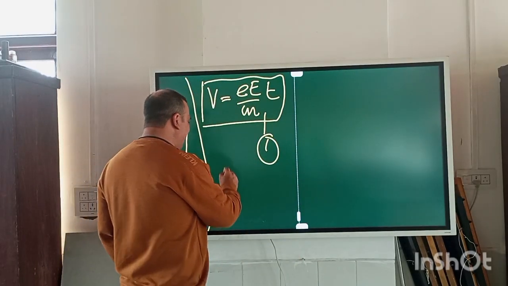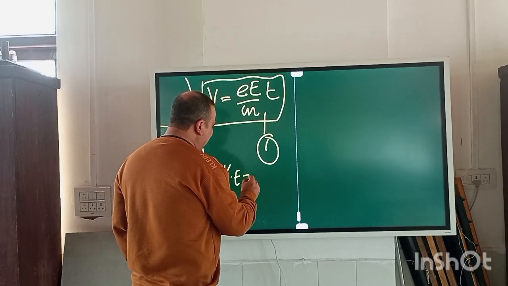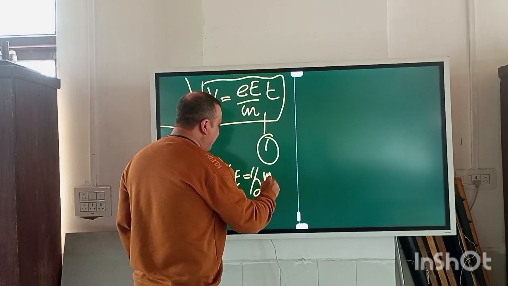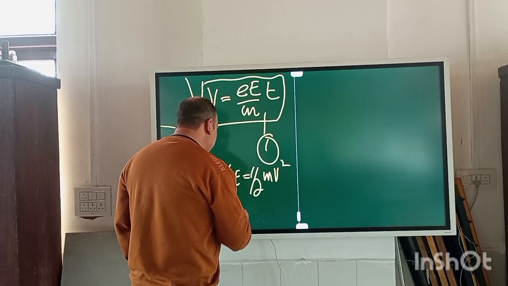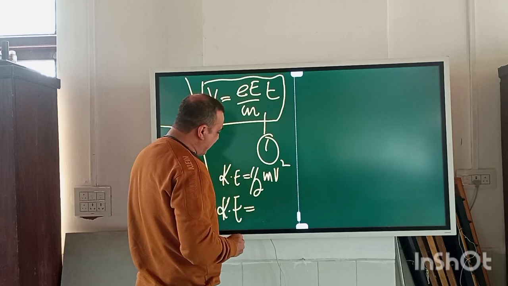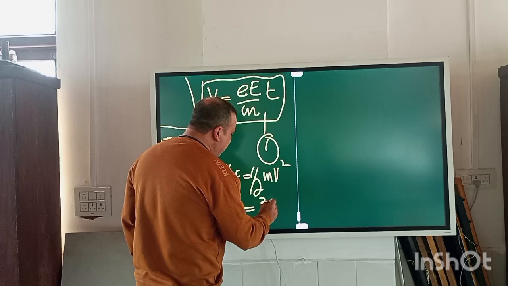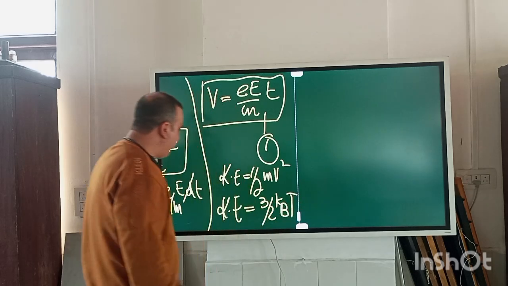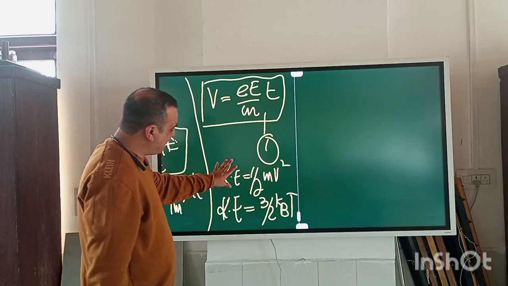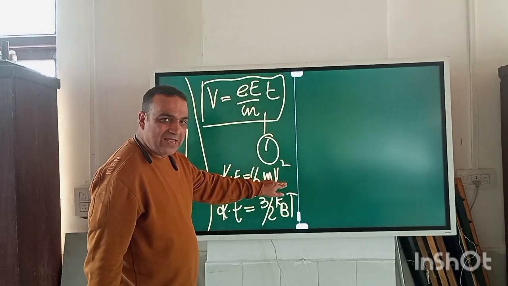This electron has kinetic energy, and I can write that kinetic energy as 1/2 mv squared. This electron also has kinetic energy in the domain of kinetic theory of gases, and this kinetic energy is 3 by 2 kBT. For the first equation, m is the mass and v is the velocity.